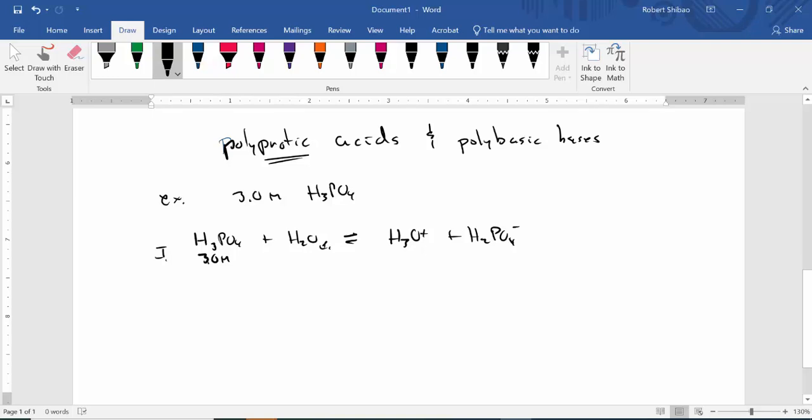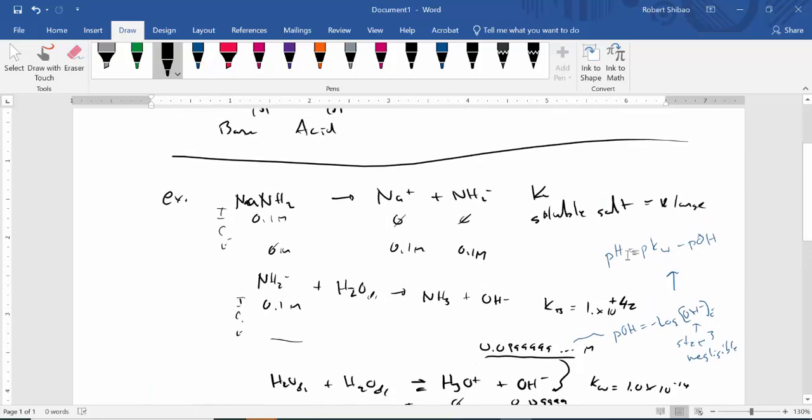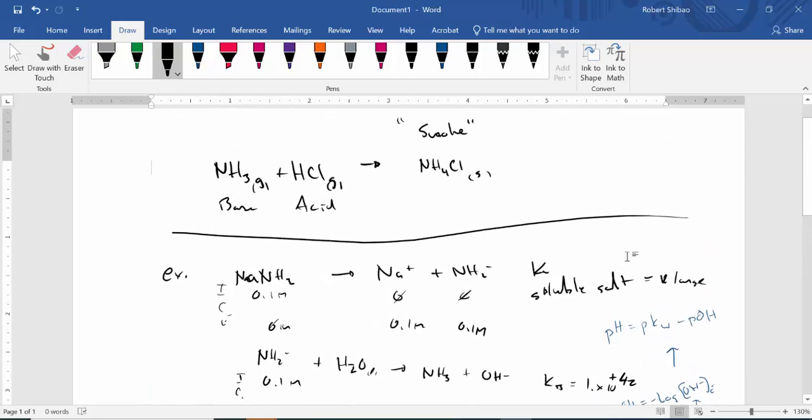What is it about the bonds that phosphate has with the hydrogen that makes one of them easy to lose, but the other two not as easy? Okay, that's an important thing for the end of chapter 17. The end of chapter 17, we talked about in Chem 1A.